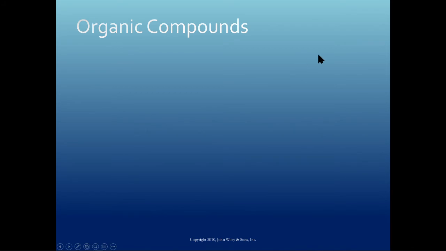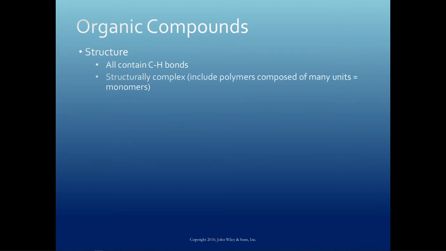All right, so organic compounds. When we talk about organic compounds, once again, we're talking about those things that have carbon and hydrogen bonds to them. Typically, we say they're structurally complex. So a carbohydrate is a lot more chemically complex than an oxygen molecule or a water molecule or a salt molecule within there.